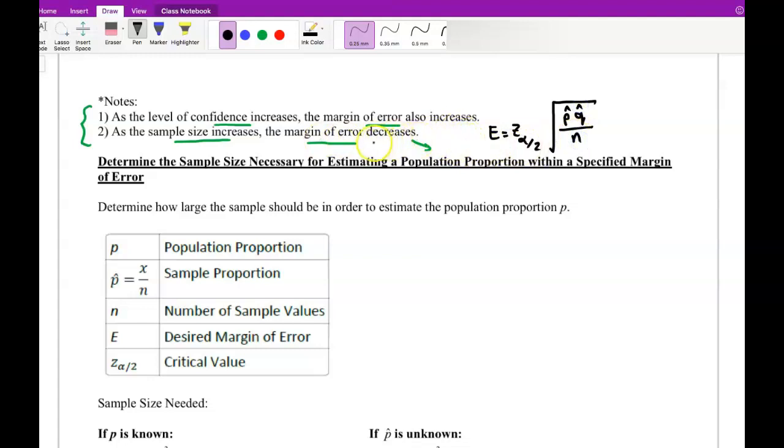See here, since n is in the denominator, if sample size increases, this error will decrease. If n decreases, since this is in the denominator and this is on top, the error will increase. And vice versa.